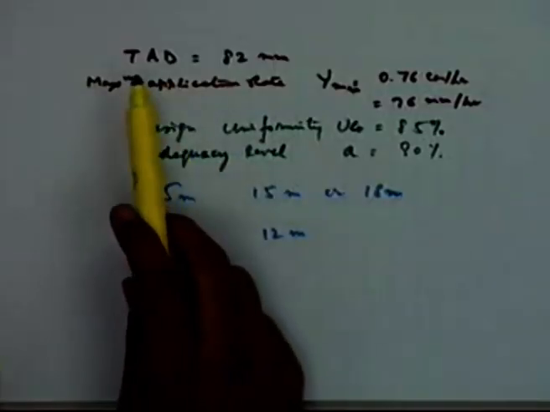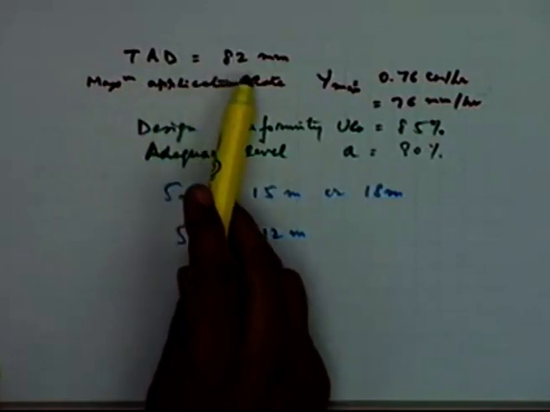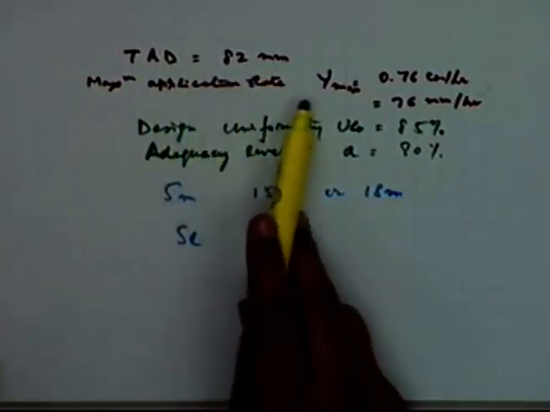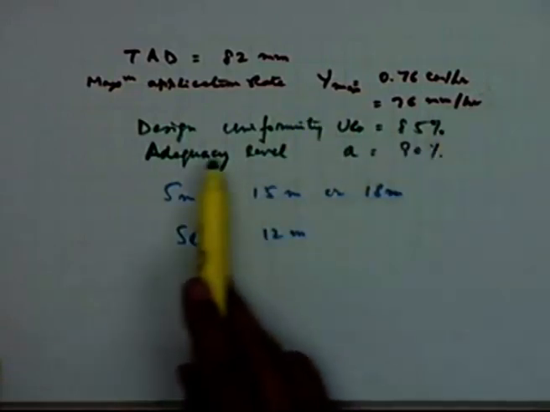The total allowable deficit which we can have is 82 millimeters, maximum application rate is also given.